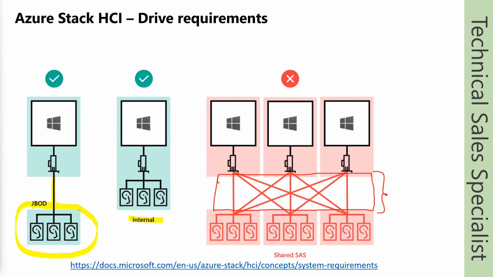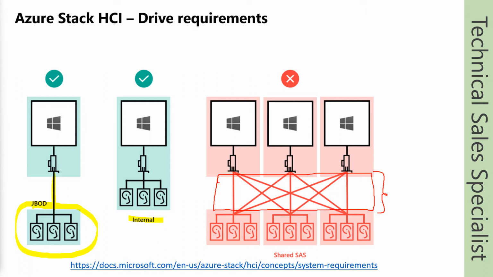And this whole cabling we see here is done in Windows Server 2016, 2019, 2022, and Azure Stack HCI via the software-defined storage bus. So we don't use any longer any cables between the servers except the network connectivity. And this is important to keep in mind because if you would build this, it would not be supported and it would not work. So always direct attached.